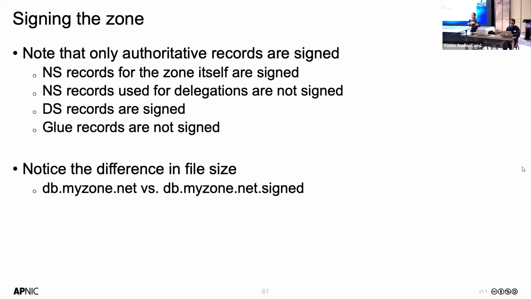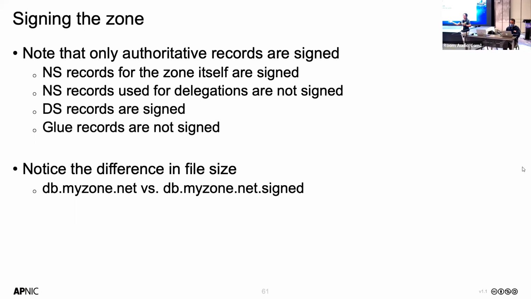Typically, the file will be at the very least 4 times bigger, maybe more. If you have a minimal number of records in your zone file, it's not a big deal. But if you have thousands and thousands of records in your zone file, then it makes a big difference.